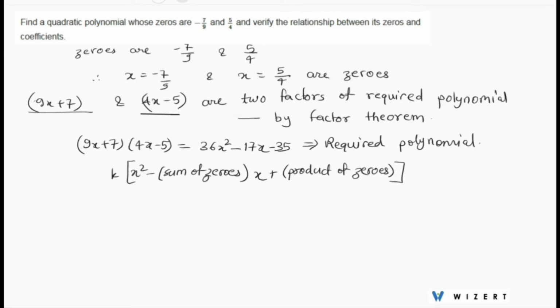Now in this case we have the required polynomial as 36x square minus 17x minus 35.